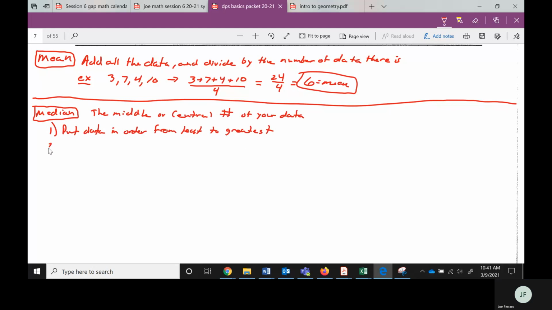Then, if there is an odd number of data, the middle number is your median.